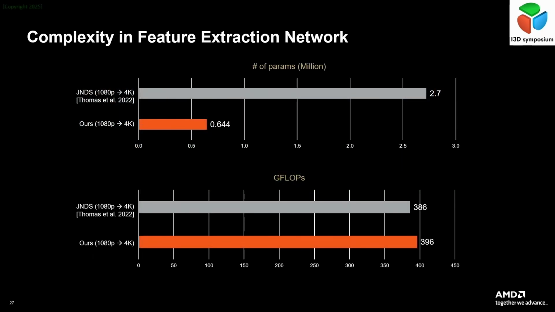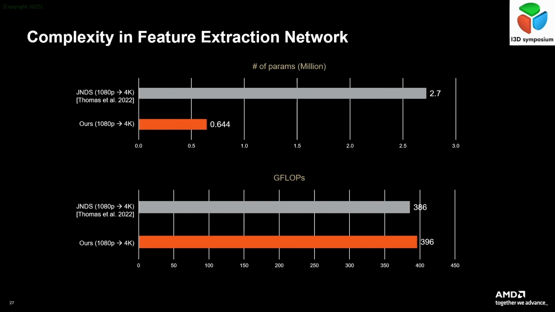Regarding complexity, because we want to potentially support real-time performance, our feature extraction model based on the multi-branch and multi-scale architecture has a much smaller number of trainable parameters compared to the previous work for joint denoising and upscaling by Thomas et al.